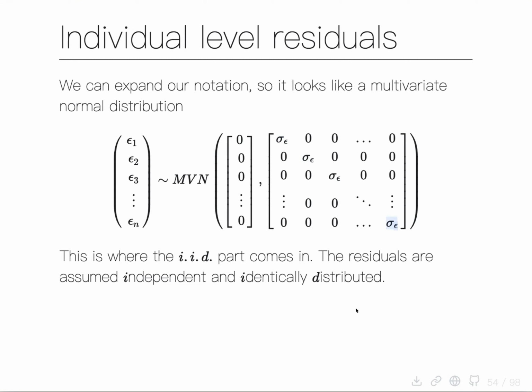You might have seen IID in the past. It stands for independent and identically distributed. They're independent, meaning all of these off diagonals are 0, and identically distributed because whatever this sigma is, it's the same for all students. So that's the assumptions of simple linear regression.